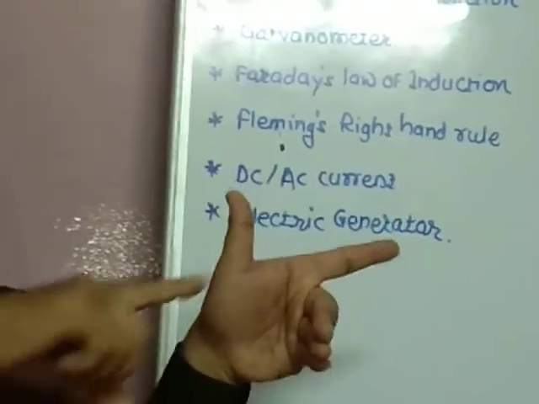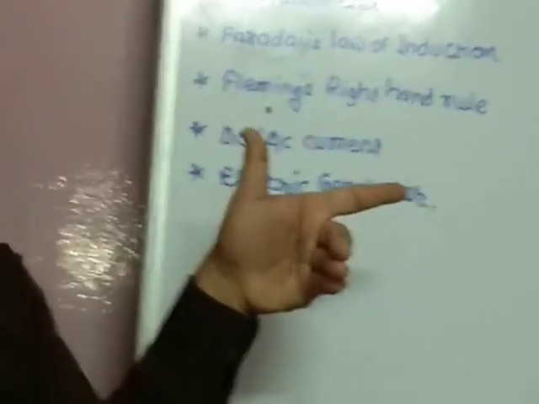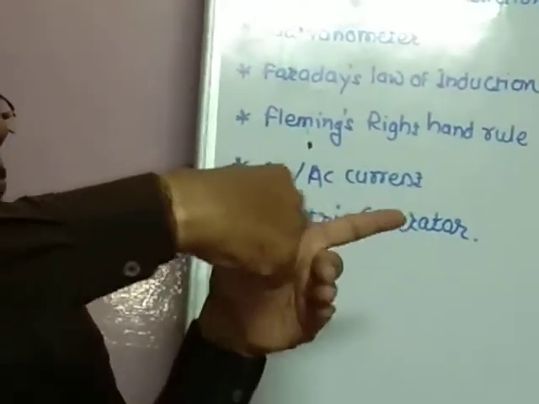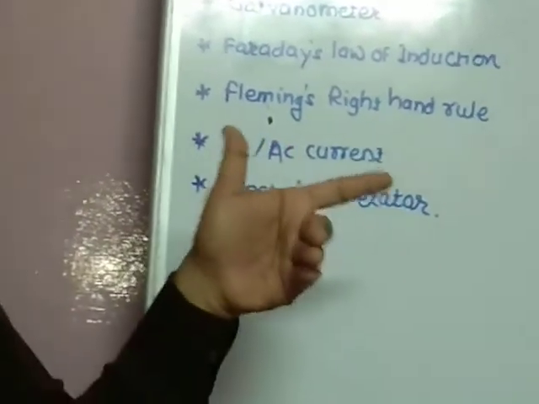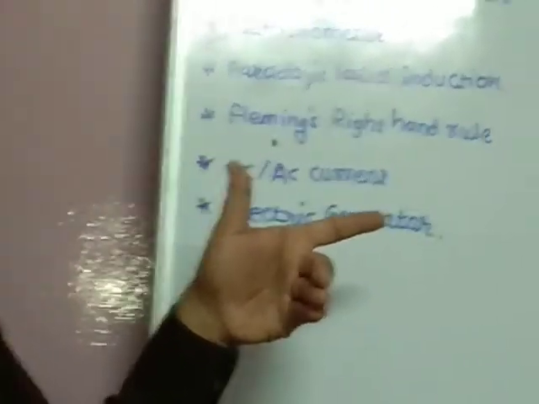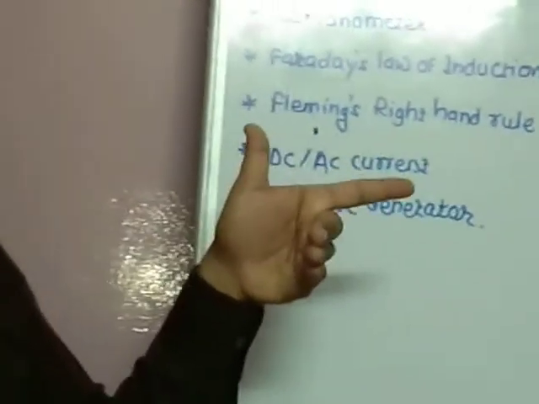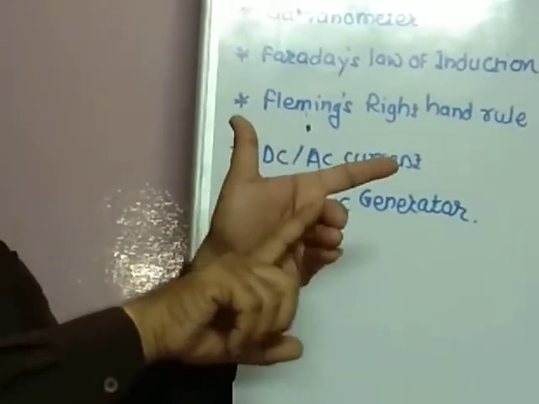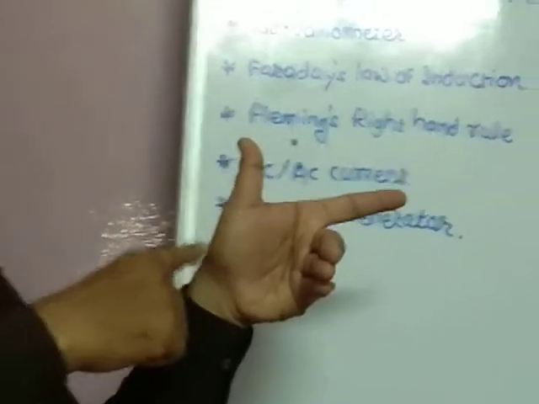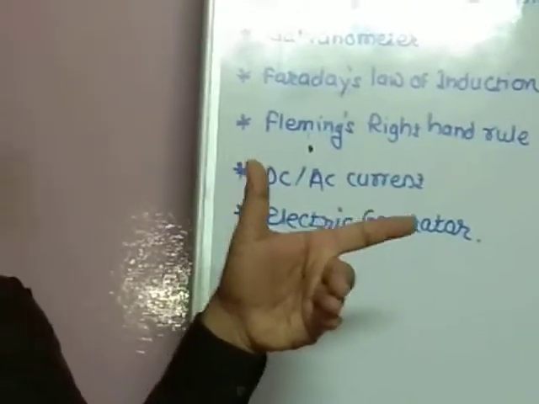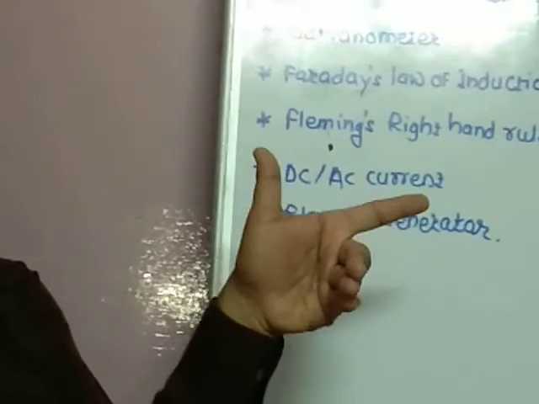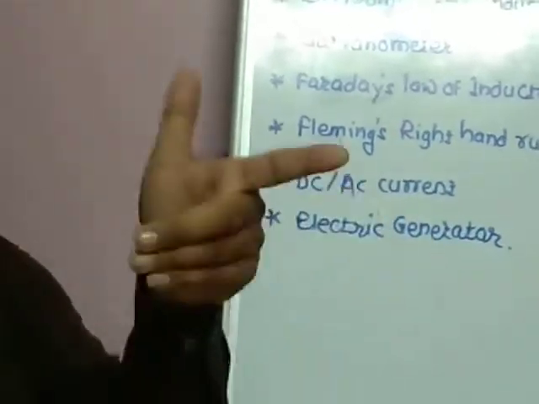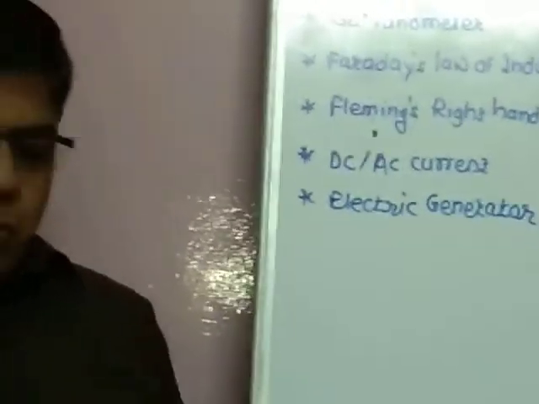Fleming's left hand rule says that if we stretch the index finger, middle finger and thumb of the left hand so that they are perpendicular to each other, and the index finger is the direction of the magnetic field and the middle finger points to the direction of the current, then the thumb shows the direction of the force on the conductor. That is Fleming's left hand rule. Okay, do you get my point?